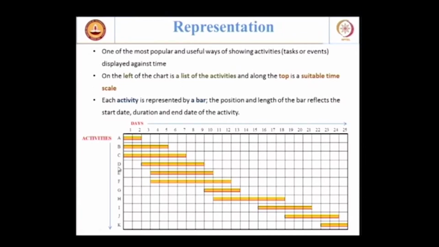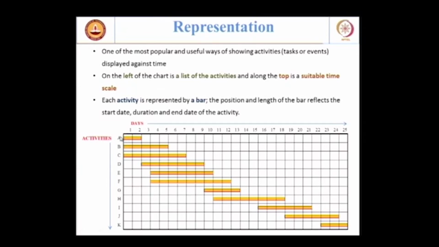So we assume that some kind of activity identification exercise has taken place before the bar chart is made to list the activities. On the time axis here we have days, and we have not actually covered the topic of how we estimate the duration of an activity. That will come in the next lecture, but this is also important.